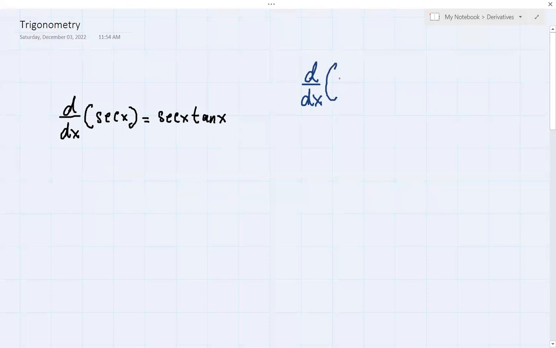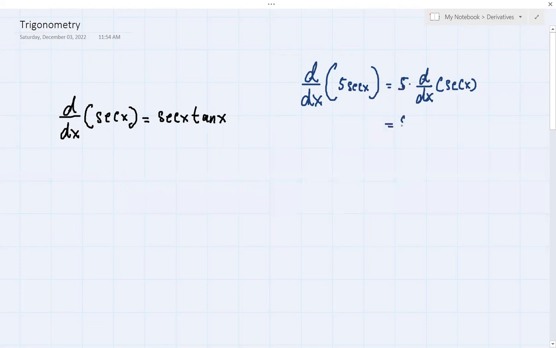So let's just say meron tayong derivative of 5 times secant x. So madali lang to. Okay? This one is pretty easy. Okay? So 5 times secant x. So ito, we will have 5 times the derivative of secant x.